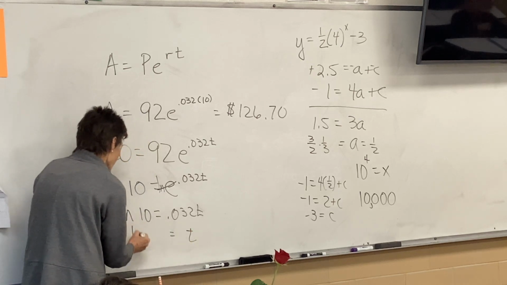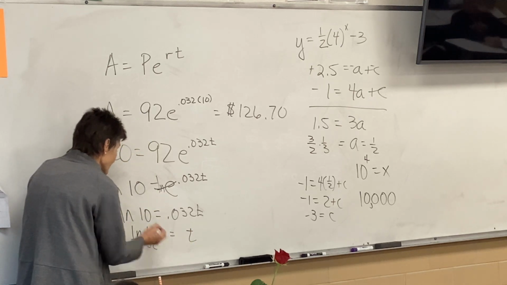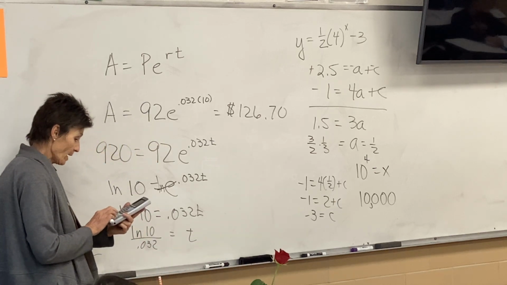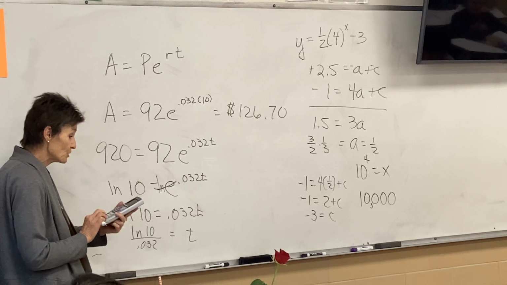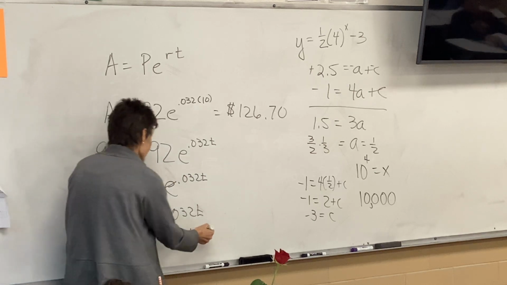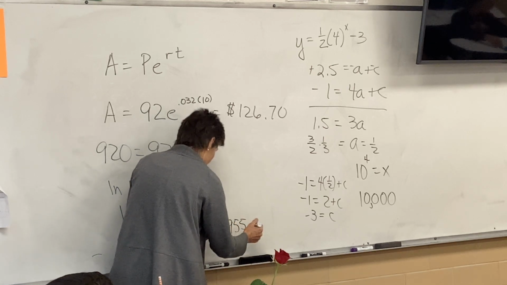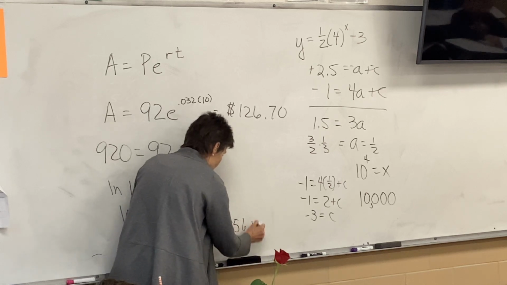One option is to take out your trusty calculator and do that division. ln 10 divided by 0.032, I got 71.95556 here.